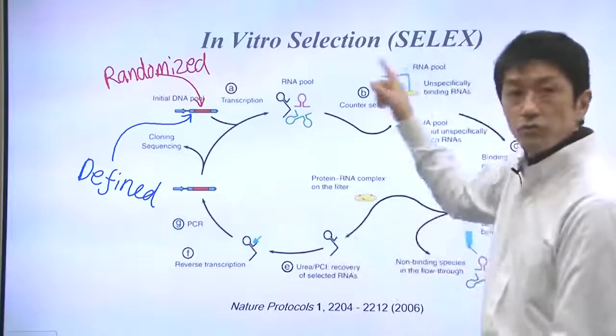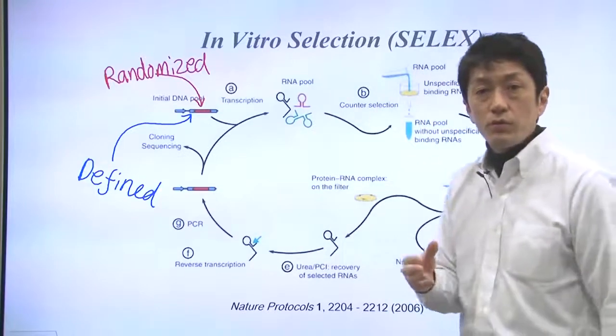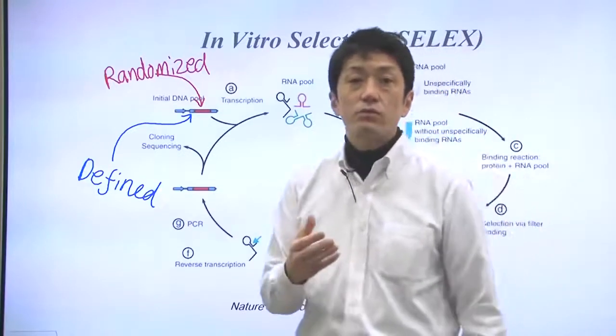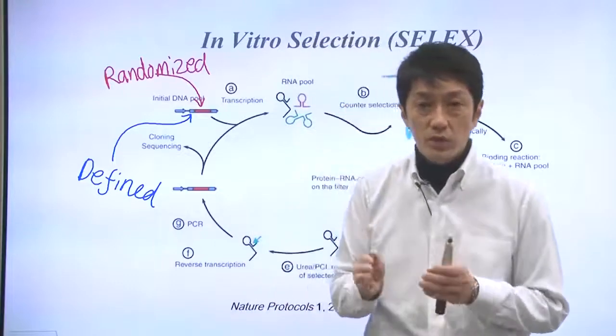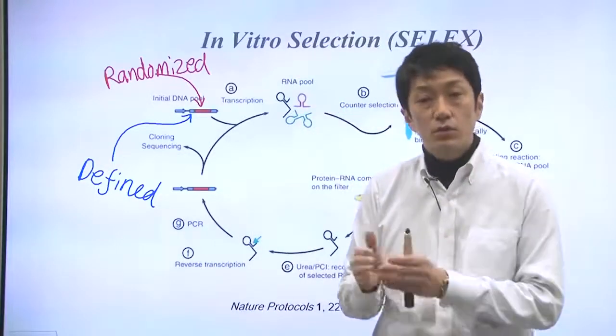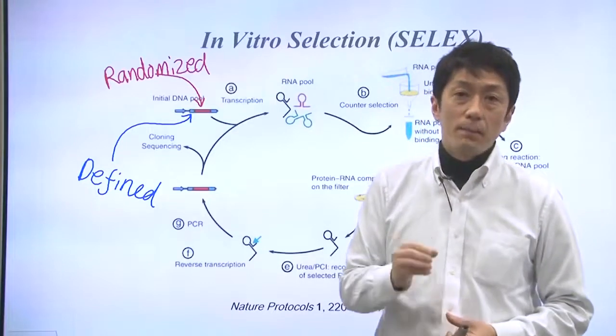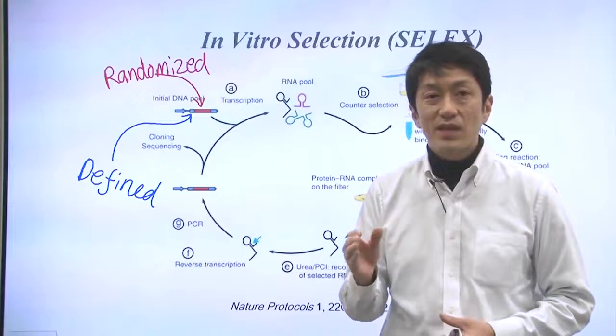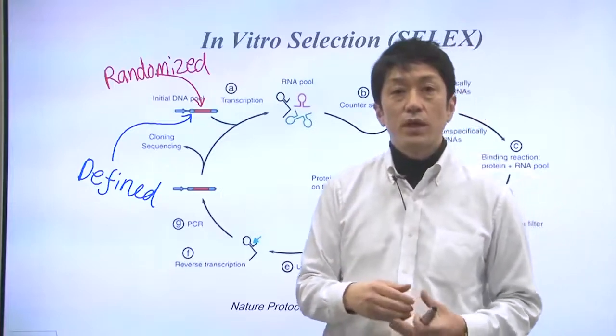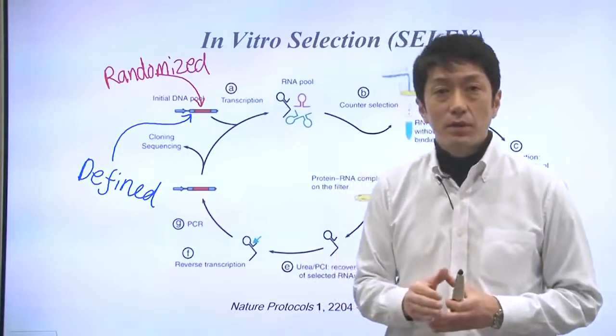After 10 cycles, we will be able to select a certain group of RNAs with extremely strong affinity to protein X. An RNA that binds to a specific target molecule is called an RNA aptamer.